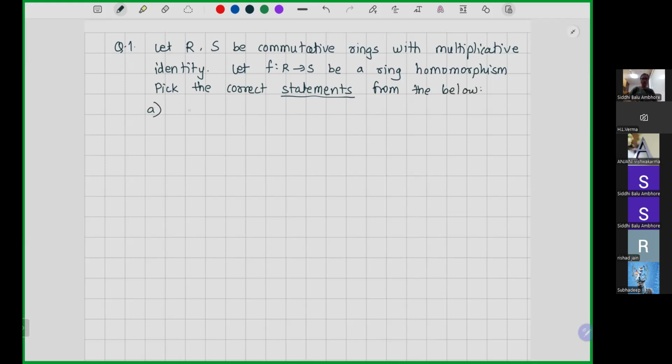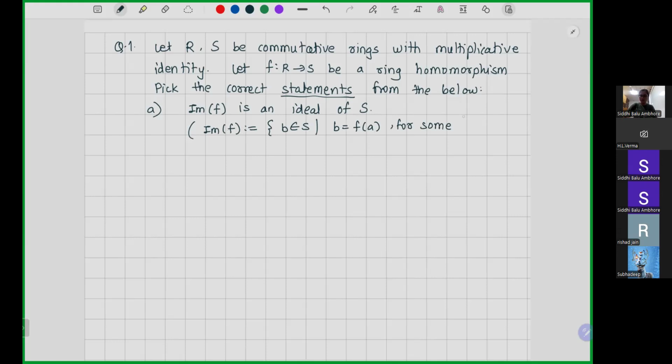The first option is that image of F is an ideal of S. Image F is the set of elements B in S such that B is F of A for some A in R. This is my image F. The second option is that kernel F is an ideal of R. And what is kernel F?